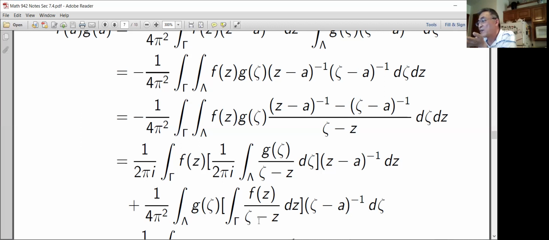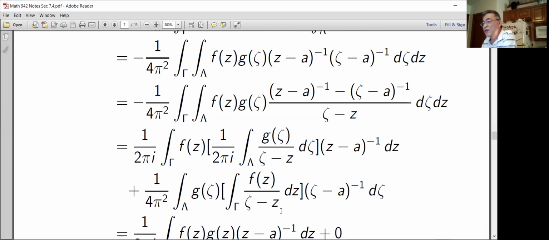We need to keep in mind that gamma is inside of lambda, and lambda is outside of gamma. So because zeta is outside of gamma, this integral is 0.